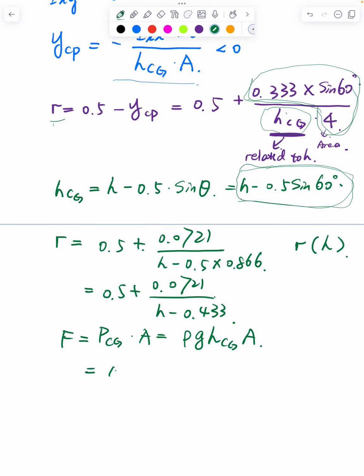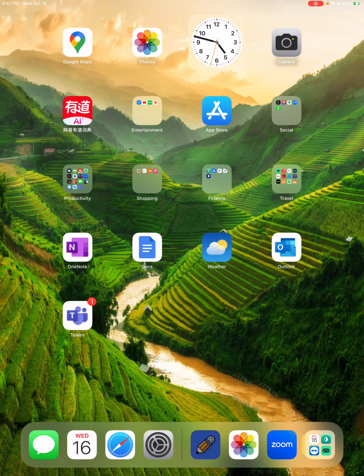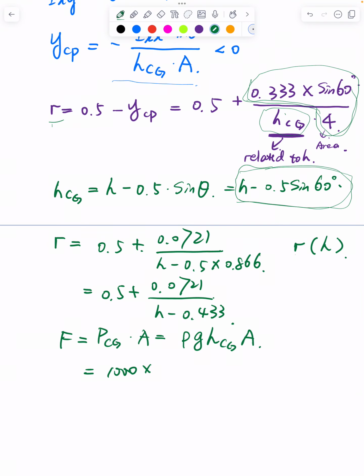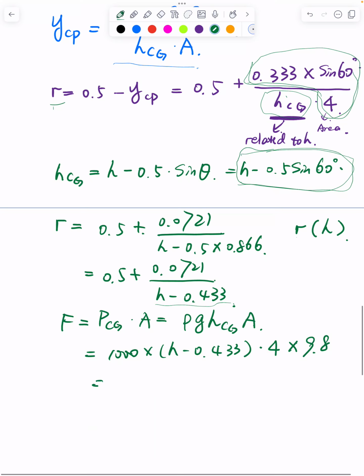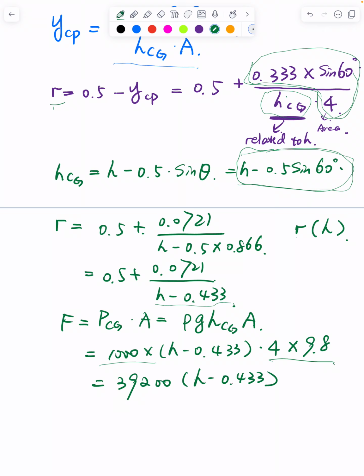So it equals 1000 multiplied by H minus 0.433, which is the same here, multiplied by 4, multiplied by 9.8. We calculate all these constants, that's 39200 multiplied by H minus 0.433, right?